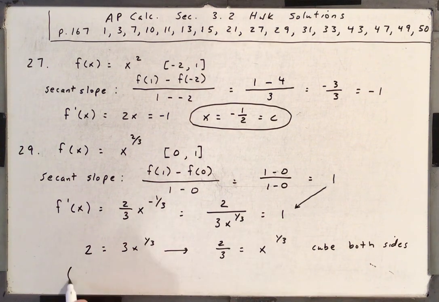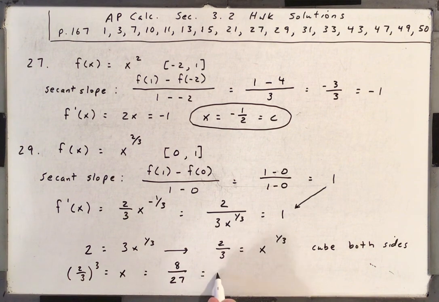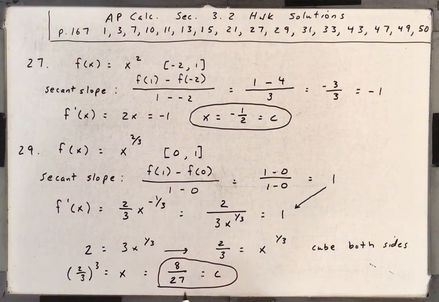All right, and so we would have 2/3 cubed is equal to x. So that would be 8 over 27 is equal to c. All right, so interesting fraction there, but that is how you do it.